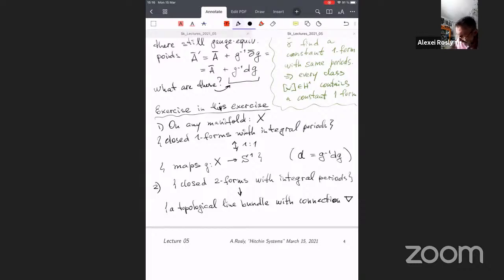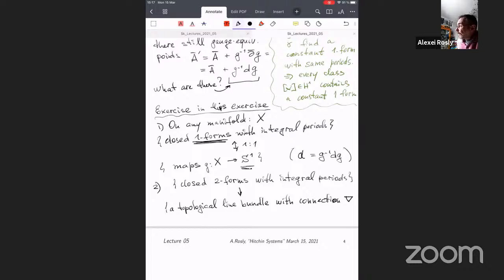Just a second. In item 1, I didn't mention whether these one forms are real valued or complex valued. For real valued, as I said, the counterpart is a map from X to S1.